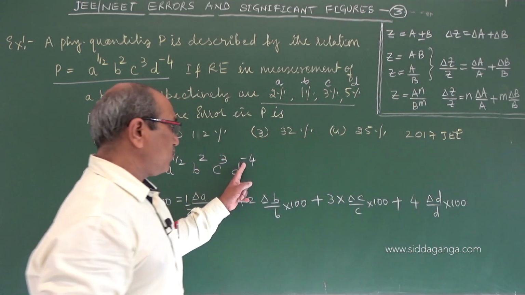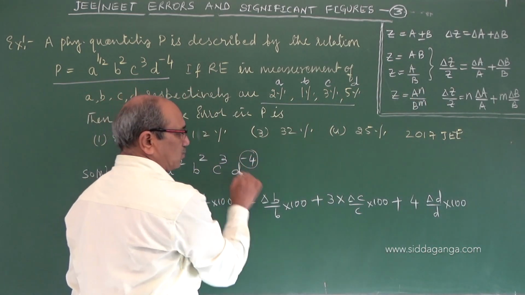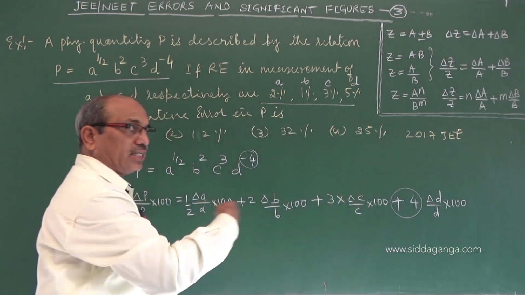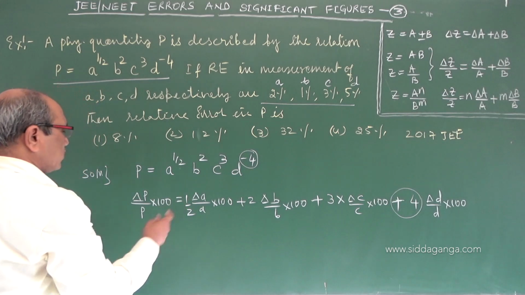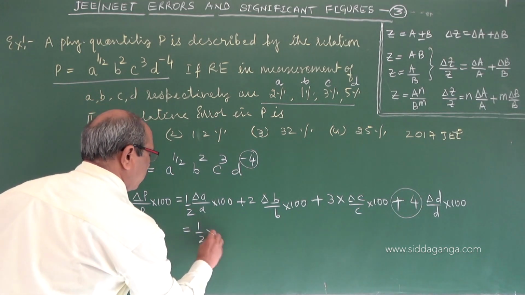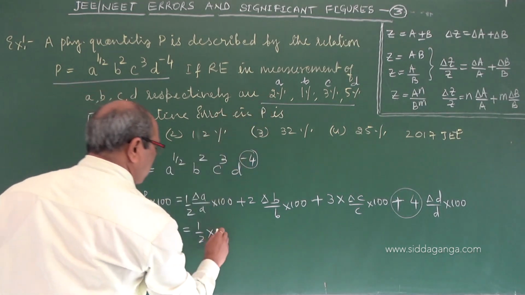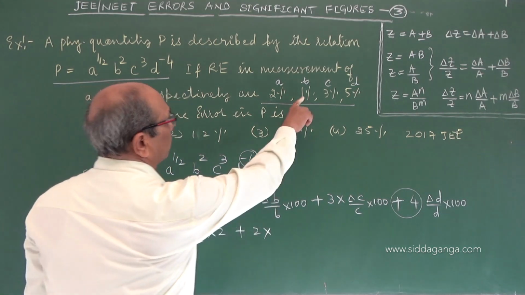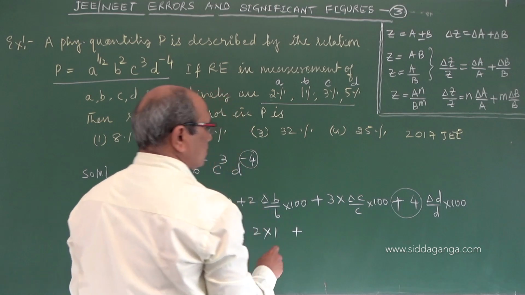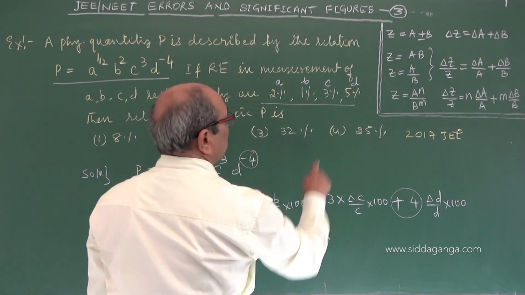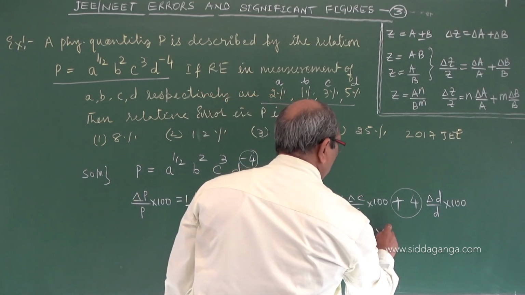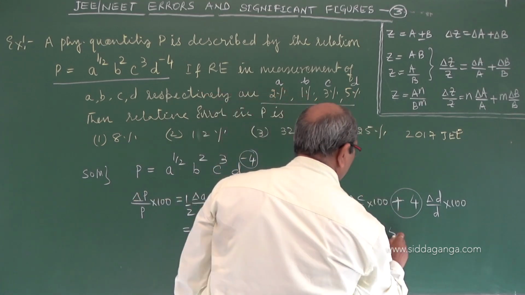Don't take minus 4. Here it appears to be minus 4, but don't make it minus. This must be plus only. Error is always additive. So now substitute the corresponding values. Half into 2 plus 2 into 1 plus 3 into 3 plus 4 into 5.